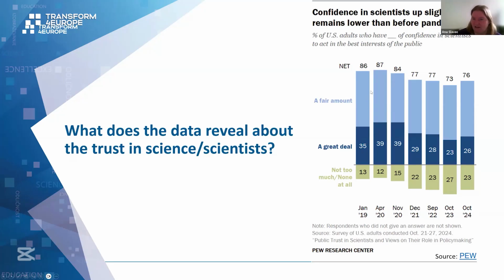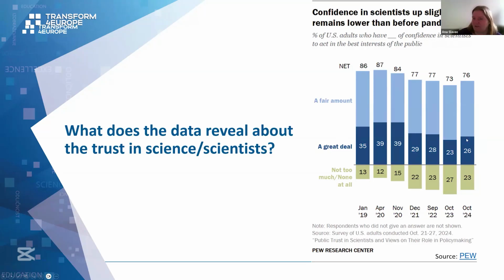And we see that after the corona pandemic, there has been some decline in how much people trust scientists. Before that, people saying a great deal was almost 40%, and then it decreased to less than 30%.